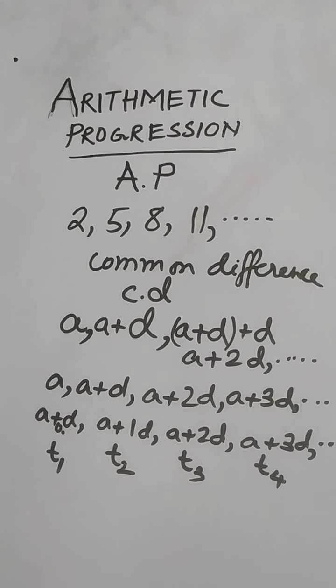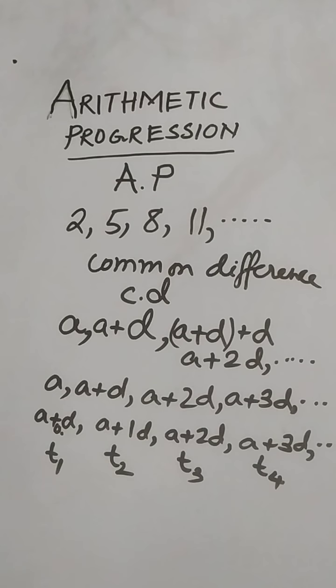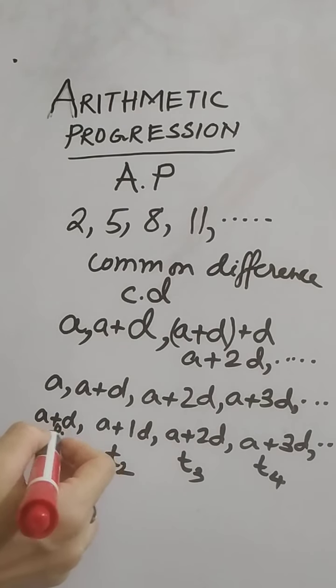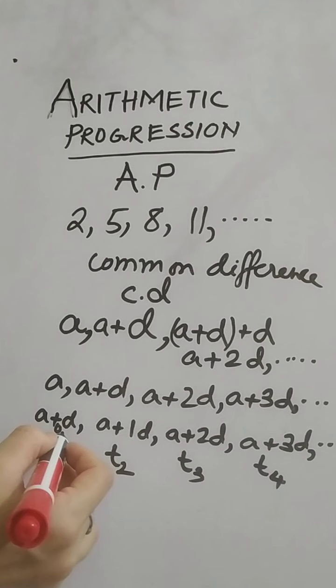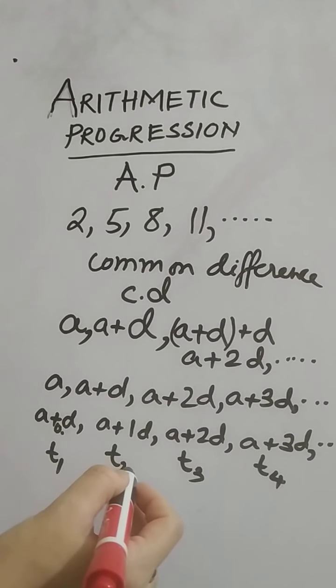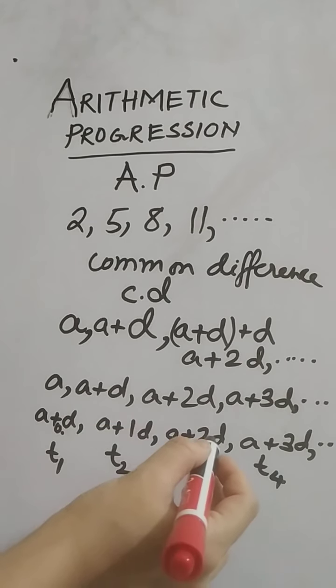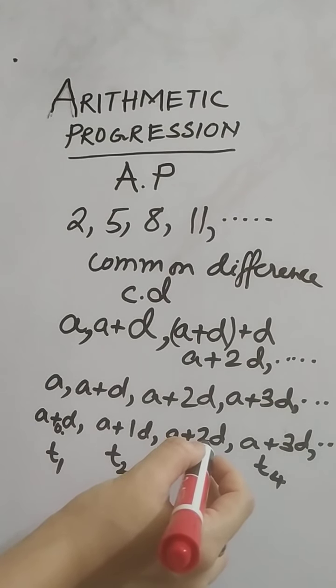Now let us check T1. In T1, the multiple of D is 0, which is 1 less than the number of the term. In T2 the multiple of D is 1, which is 1 less than 2. In T3 the multiple of D is 2, which is 1 less than the number of the term.